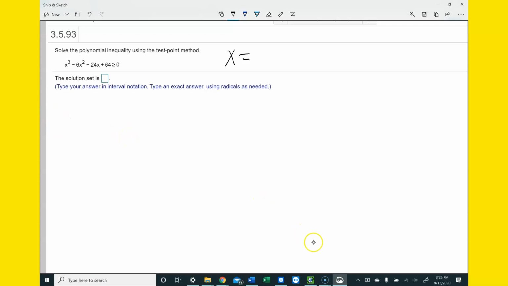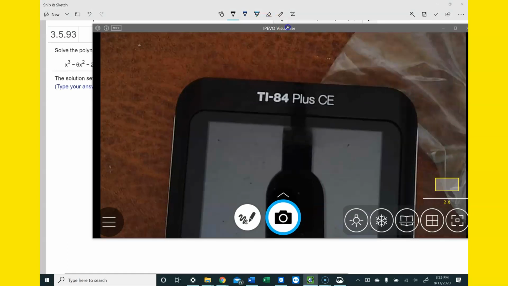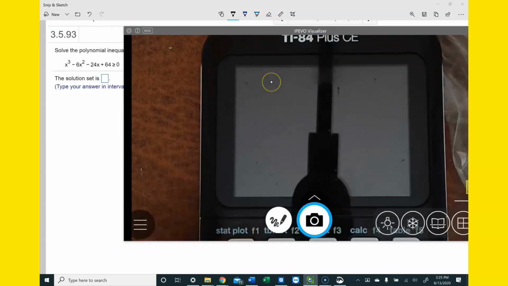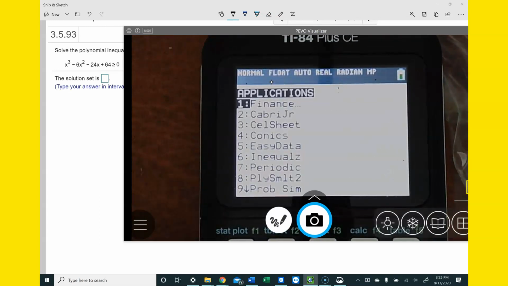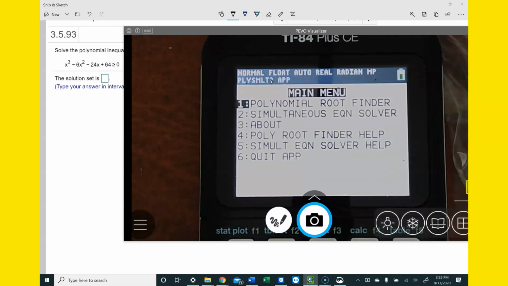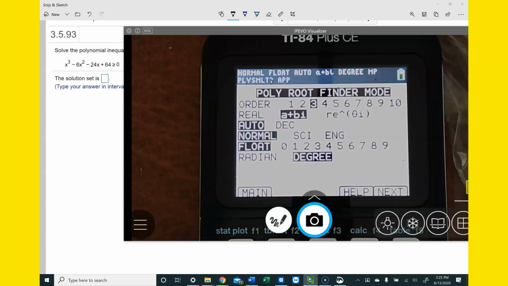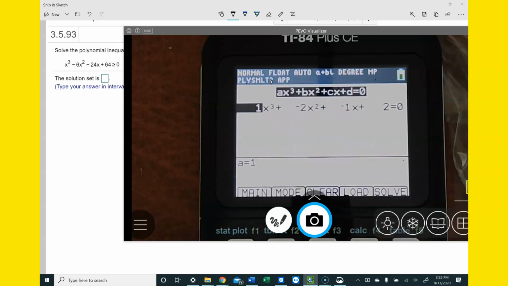Alright, x cubed minus 6x squared. Polynomial root finder. Alright, next. 1, negative 6, negative 24.